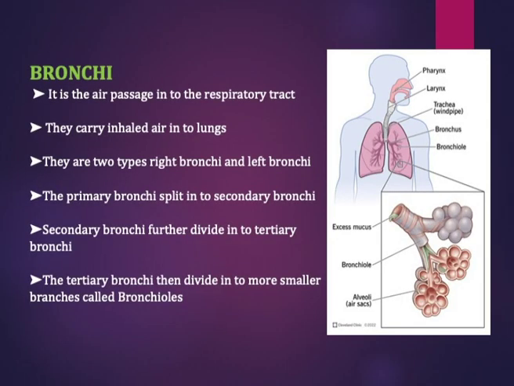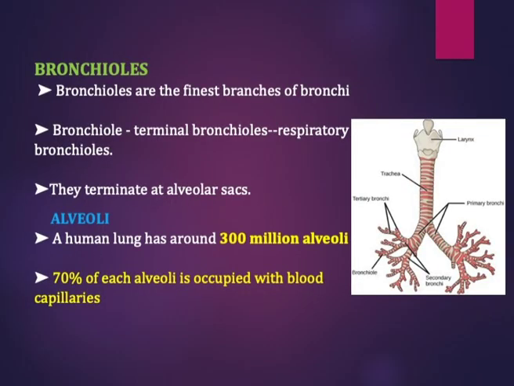And coming to the next part of the respiratory tract, as we have discussed in the earlier slide, the trachea is divided into two branches, that is bronchi, and further these bronchi divide into primary bronchioles, and these primary bronchioles further divide into secondary bronchioles, and further these subdivide into tertiary bronchioles, and finally they end up in the respiratory bronchioles.